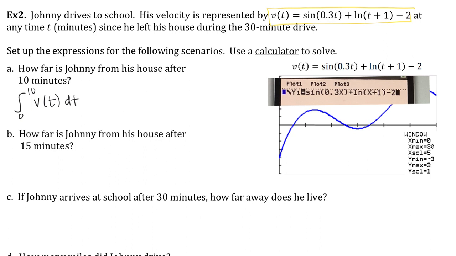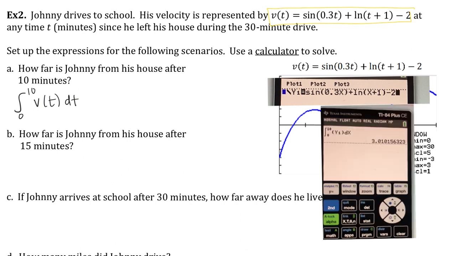So instead, I'm going to do math 9 from 0 to 10, and instead of retyping the function, I'm going to call the y1 function. I'm going to take a picture of it, and then I'll describe it to you.